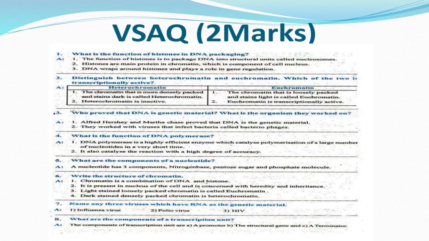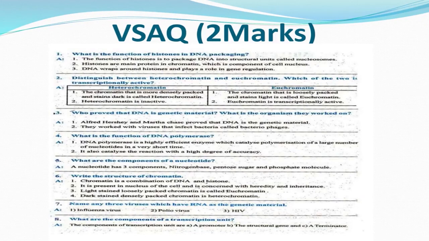It is present in the nucleus of the cell and is concerned with heredity and inheritance. Light stained loosely packed chromatin is called euchromatin and dark stained densely packed chromatin is called heterochromatin.